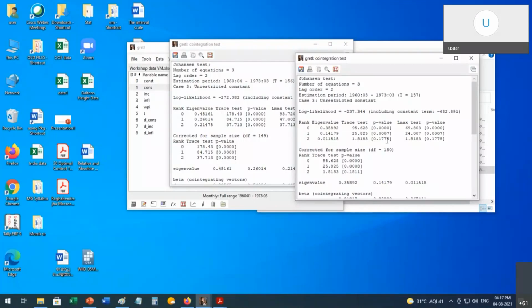And the candidate has given the Johansen test. In all the three chapters, all the rows were rejected. But he was nicely writing that there is co-integration.